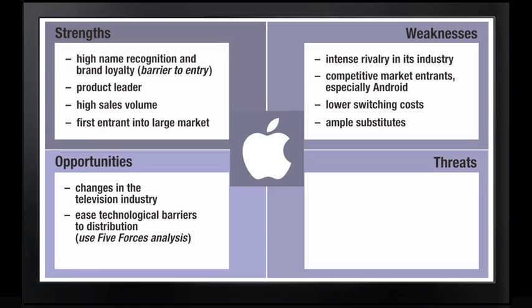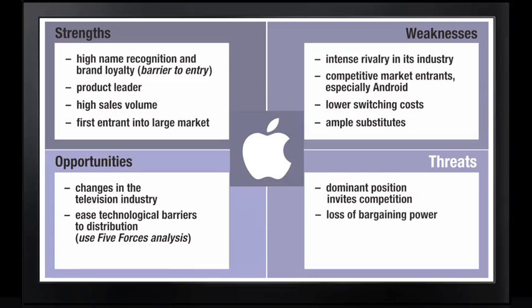The last stage of a SWOT analysis is to examine the threats to your enterprise. You're looking here not just for internal weaknesses, but potential changes in the environment in which you operate that could make you strategically weaker. With Apple, their dominant position makes them especially likely to face competitive threats. For instance, as more entrants come into their markets, they might not only lose bargaining power with consumers, but also with suppliers.